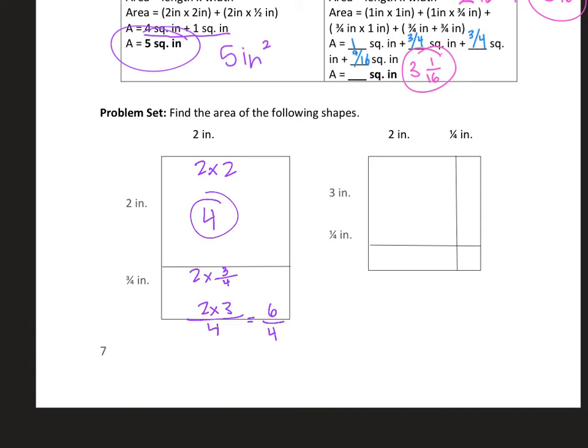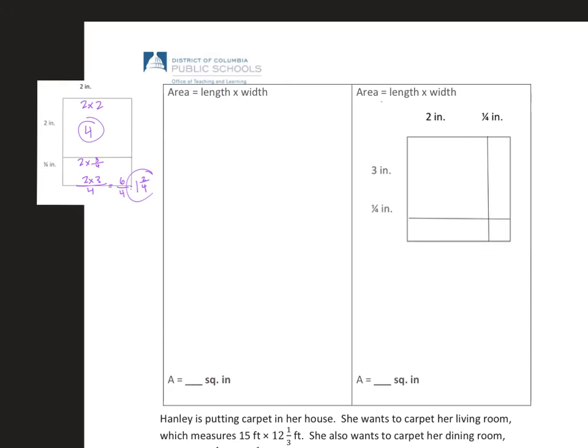And 6/4 is the same as, think, 4 goes into 6 how many times? It goes in once. And then you have 2/4 left over. So now we're going to add 4 plus 1 2/4. Okay, so you're going to want to flip to the next page that looks like this. I went ahead and took pictures of the work that I did on the other page and just put it onto my screen here so that we could still see it.